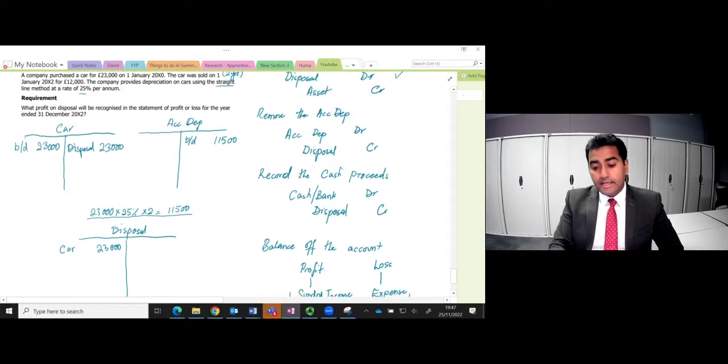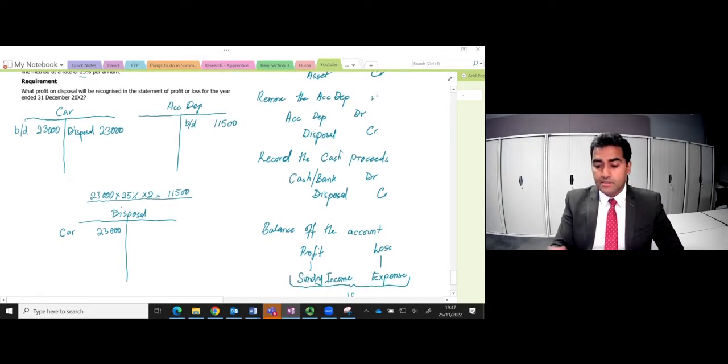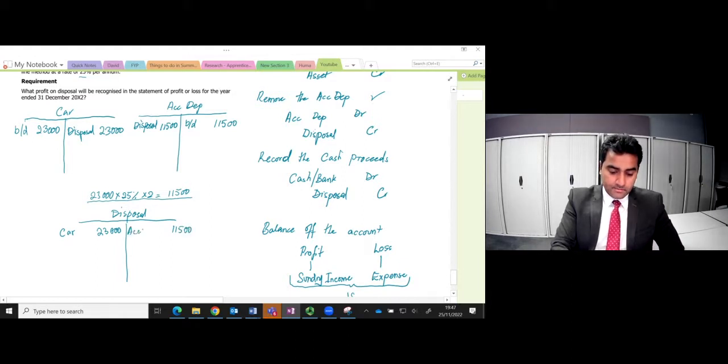The second entry is to remove the accumulated depreciation. As you can see in the second double entry, the accumulated depreciation account will be debit by 11,500, and the disposal account will be credit by 11,500, accumulated depreciation.